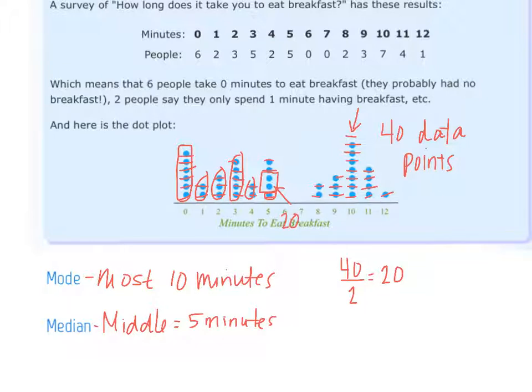And if we go this direction and we start counting off 20, you'll get to here and you'll realize that's my 20th data point. And so that's a second way to find out what the median is. You can just take the total and divide by 2.